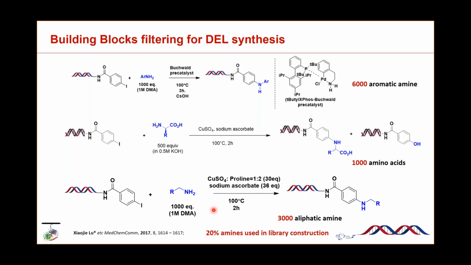If you have a model, instead of validating over 10,000, you just need to validate, for example, 1,000. Using that model data, you can do the prediction and find the building blocks which pass your model first. This will save you a lot of money on building block collections.